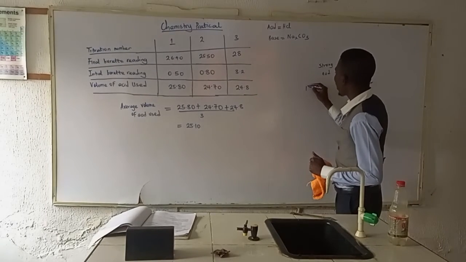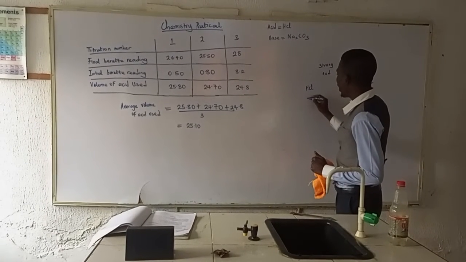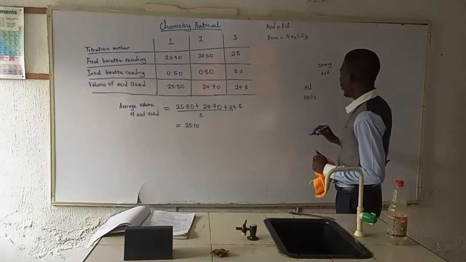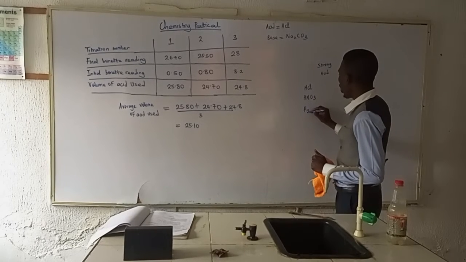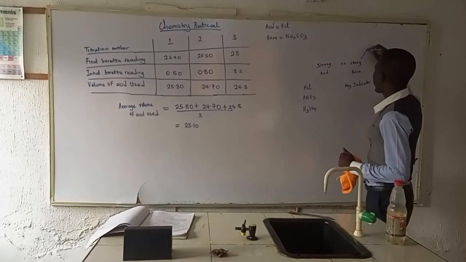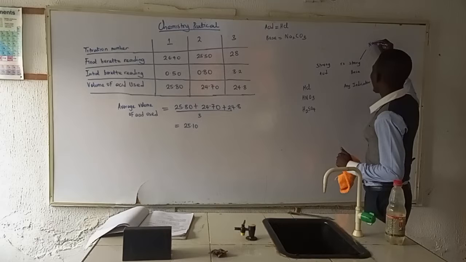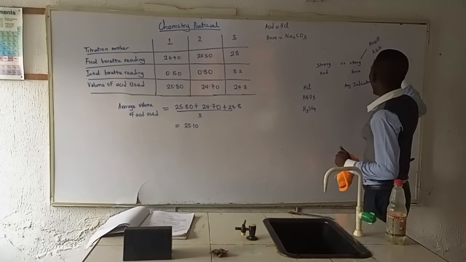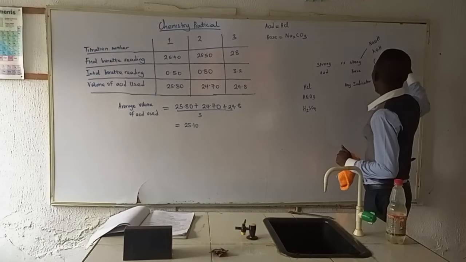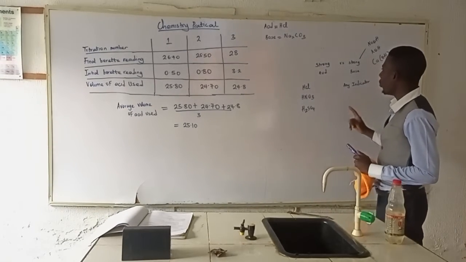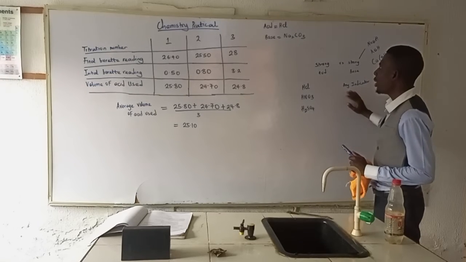Examples of strong acid are hydrogen chloride, HNO3, hydrogen trioxonitrate(V), H2SO4, hydrogen tetraoxosulfate(VI). And examples of strong base are sodium hydroxide, potassium hydroxide, and calcium hydroxide. All these are examples of what? Strong base.